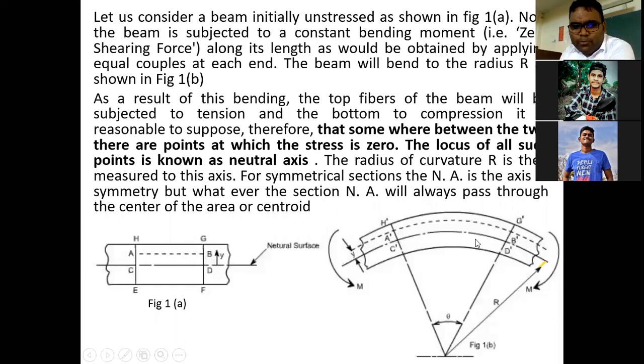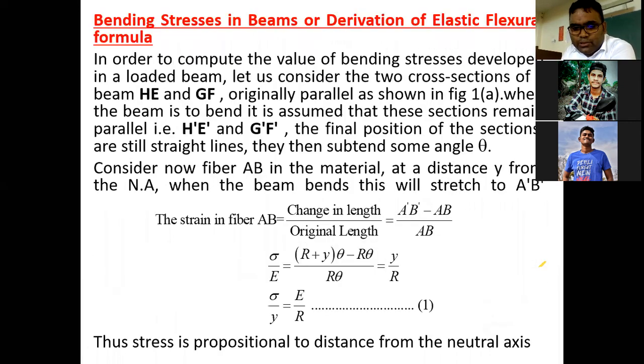It is a simple formula. So it will be R plus Y into theta minus R theta upon R theta. Let's try to understand how AB becomes R theta.